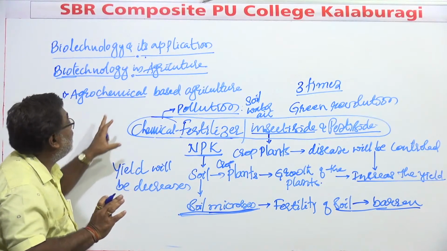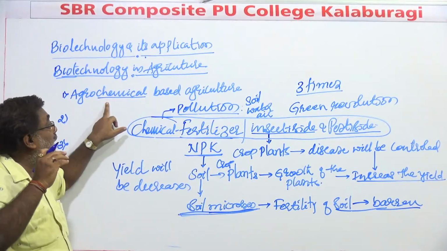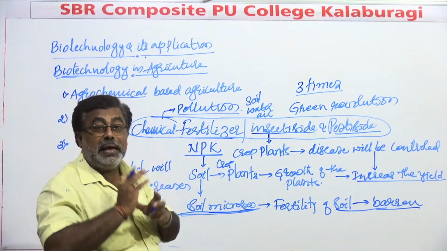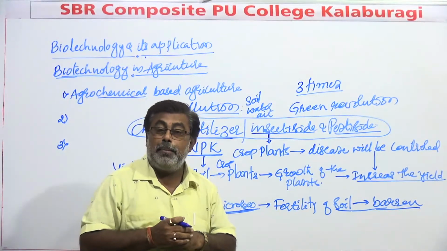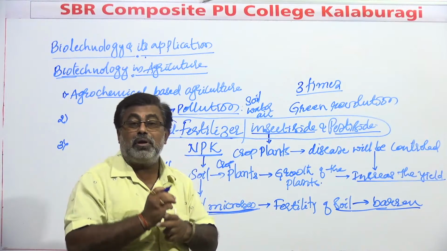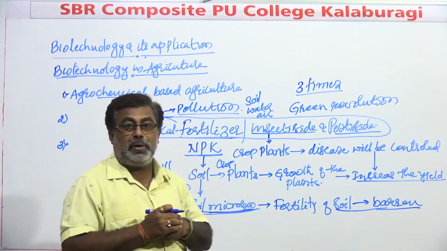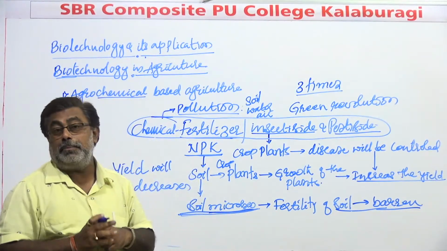So this is the application of agrochemical based agriculture at the beginning. Here M.S. Swaminathan is called the father of the Indian Green Revolution because he developed mutation breeding.